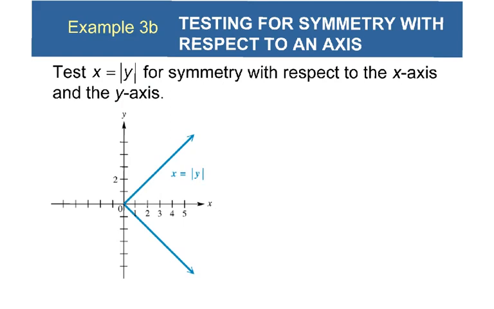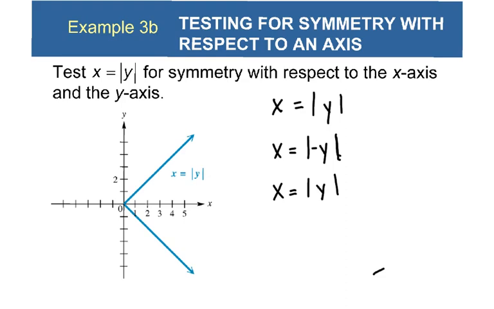Now, very similar, if we were to plug in a negative y, let's do this algebraically. If we were to plug in a negative y for our y, all negative values of y are going to end up turning positive. So the equation turns out to be the equivalent of this right here, the thing that we started with.